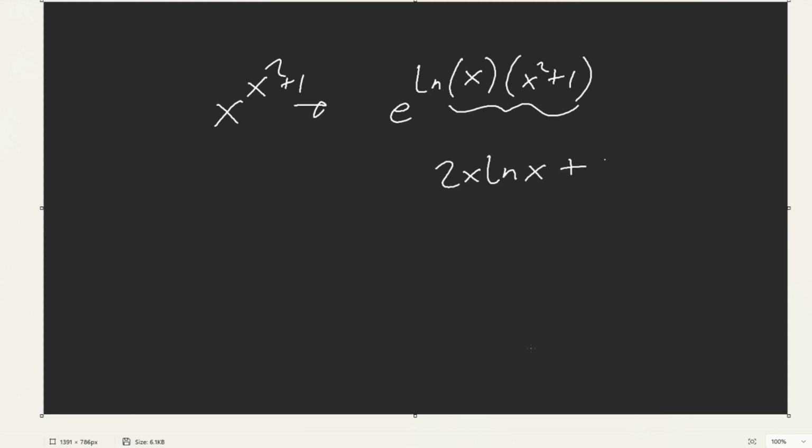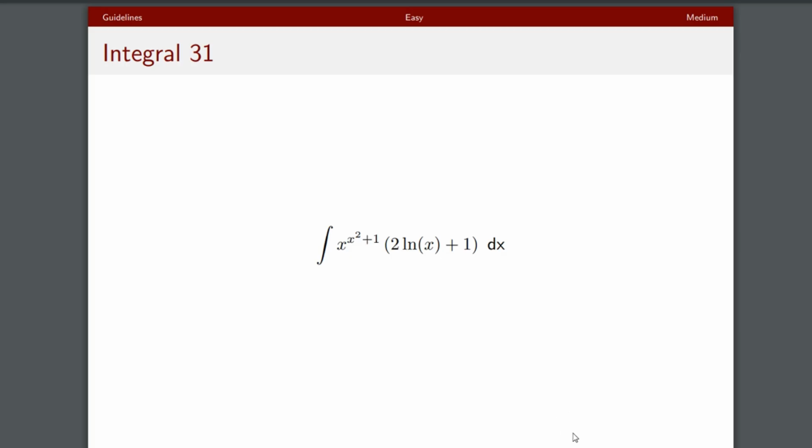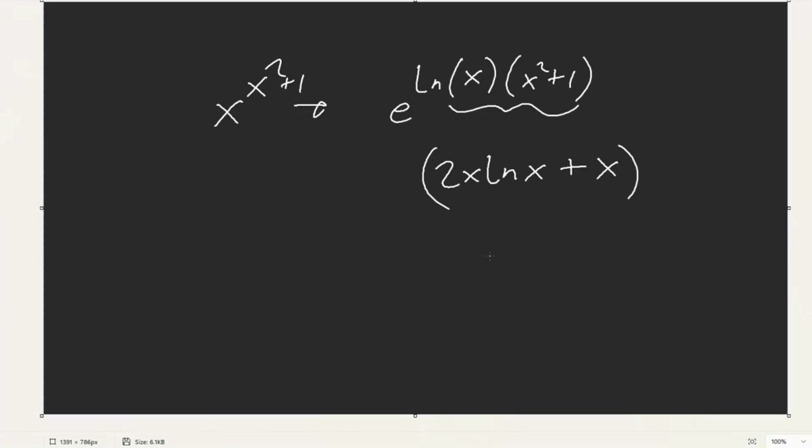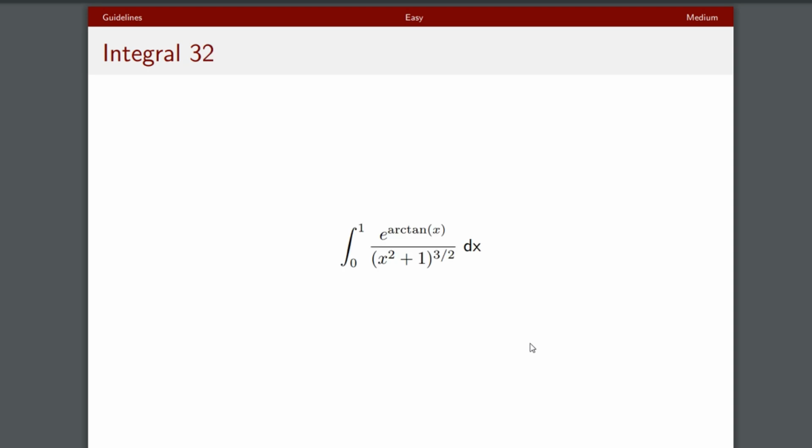And then x squared should be x. Right? Oh, okay, yeah, I was right. So it is x to the power of x squared plus c. Yeah, I was right. Well, there you go. Okay. Next.